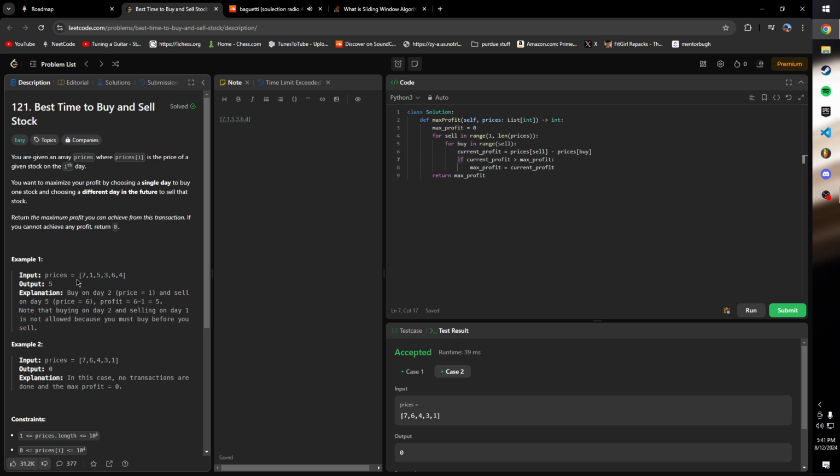I don't know if that will work though, because here the smallest number would be here, and then we have to find the biggest number to the right of that.